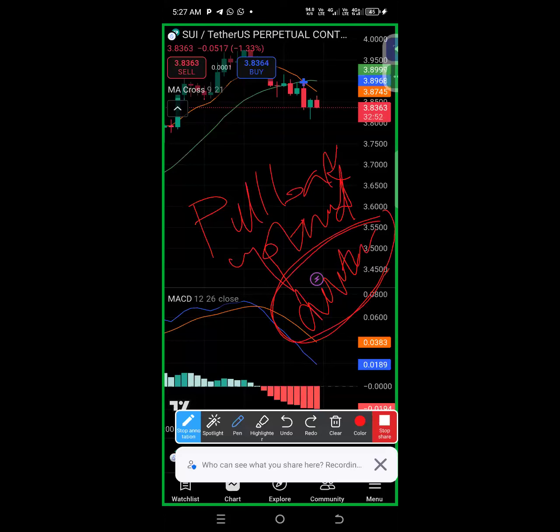So pullbacks happen. You see on the higher time frame, we are seeing that it is uptrend or bullish. But you get to the lower time frame, you realize that it is bearish. Which simply means for the meantime, if you go long, it will go against you unless you open margin calls. So if you can wait more, you go long.